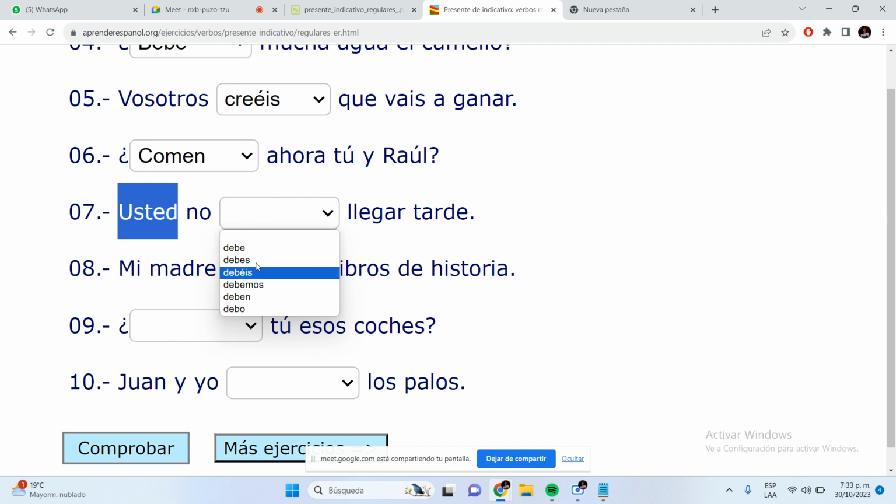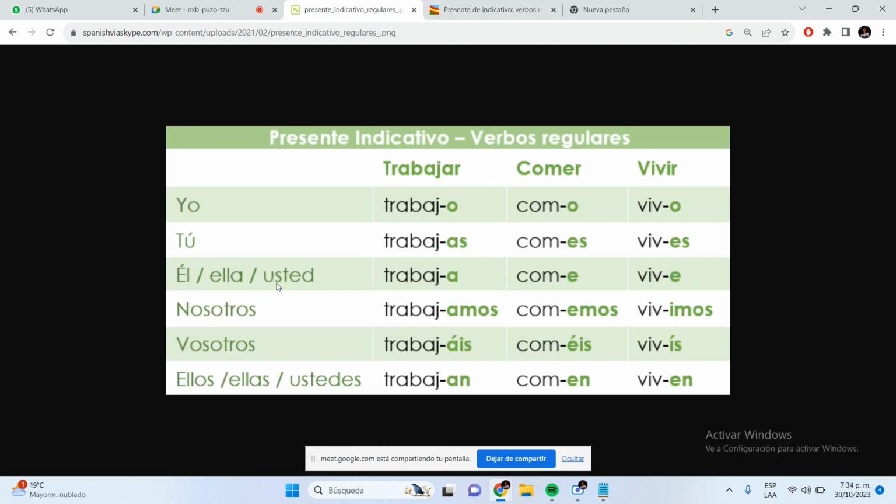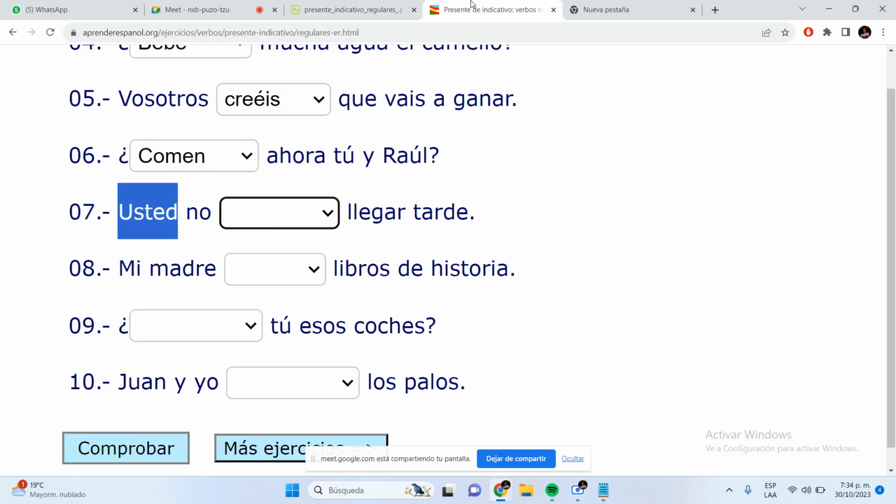No, this one is for vosotros. For usted is the same as él or ella. Okay, so it's A. It's debe. Because deber is an ER verb.